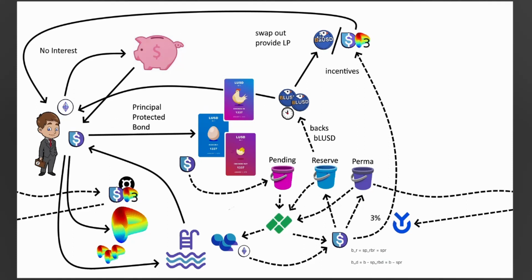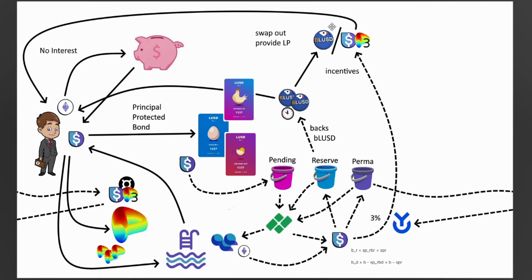Or you can provide liquidity to this liquidity pool. So you can take a BLUSD, stick it in the liquidity pool, and then stake this in the gauge, and you'll earn some rewards. Now, 3% of these rewards that are divided up, not 100% is going, 97% is going, 3% is taken out and given as incentives as LUSD.